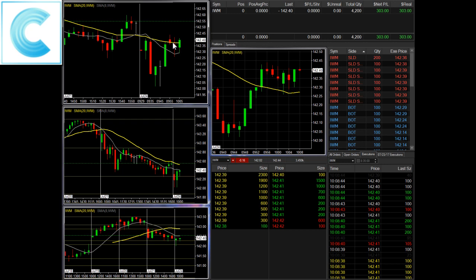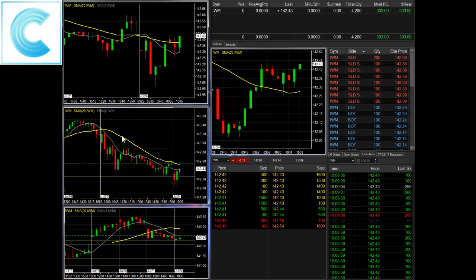Not so bad on the 5-minute chart. This looks like it's going to turn into a pivot, which means that it's a higher low pivot here with equal or similar highs over here. So there is a little bit of a bias to the upside at this moment.